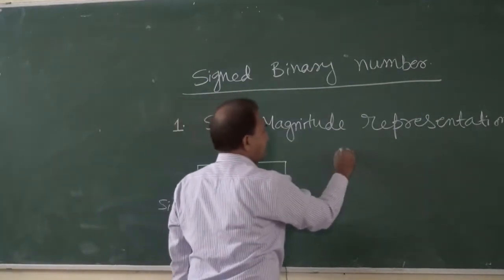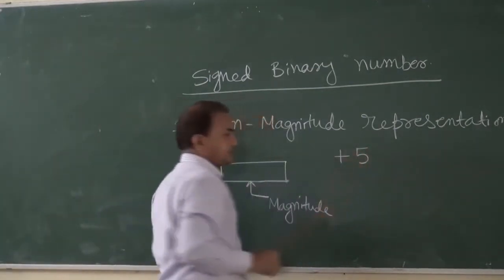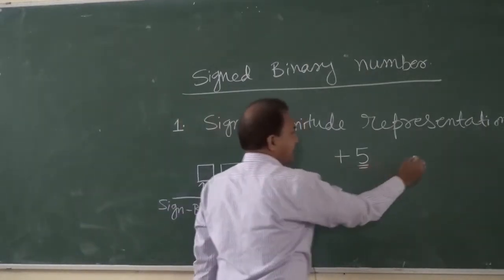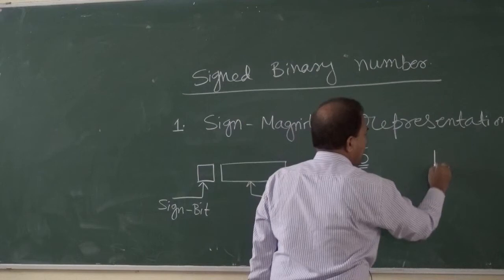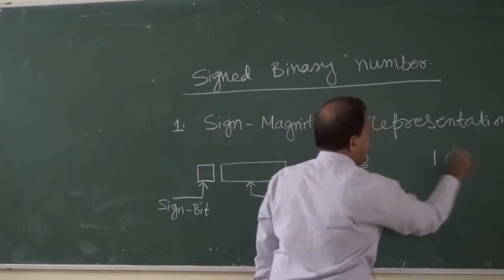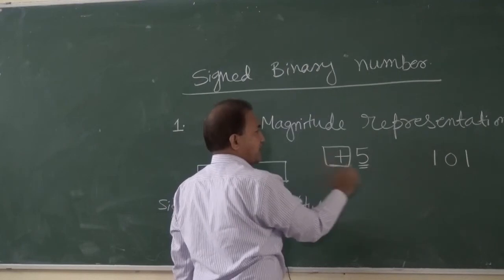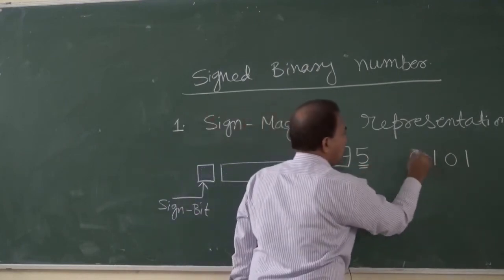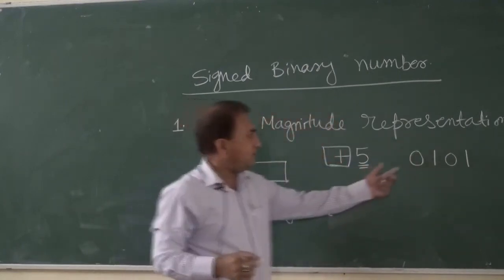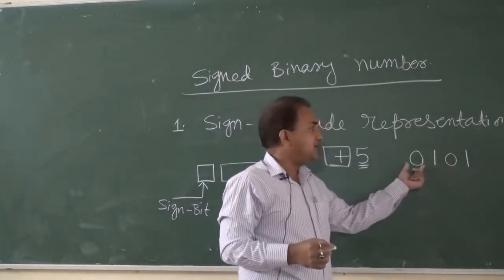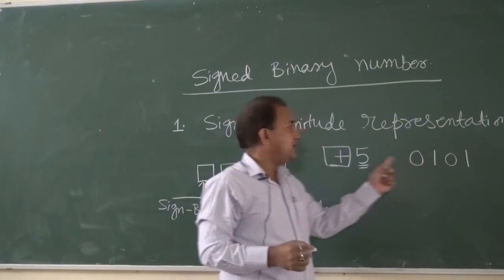Suppose you want to represent +5. For 5, how you can write in binary? It is 101. And since here the sign is +5, you have to put 0 before the magnitude. So 101 is magnitude, 0 is for sign.